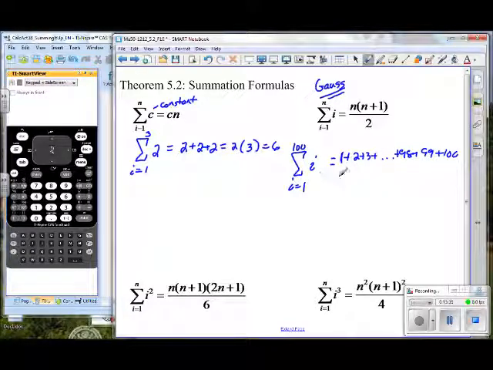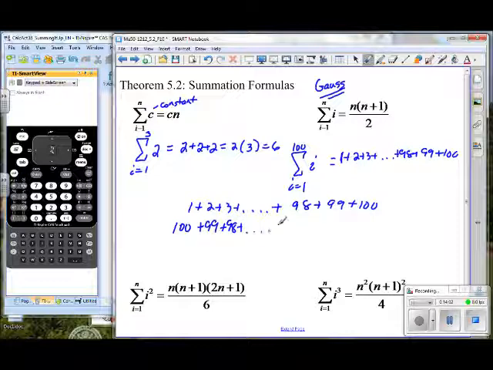Gauss looked at the problem he was given, and he thought, well, if I'm adding up 1 plus 2 plus 3 plus 4 plus 5 up to 98 plus 99 plus 100, if I take that very same set of numbers but instead add down from 100, so 100 plus 99 plus 98 plus 97 plus 96, down to 3 plus 2 plus 1.